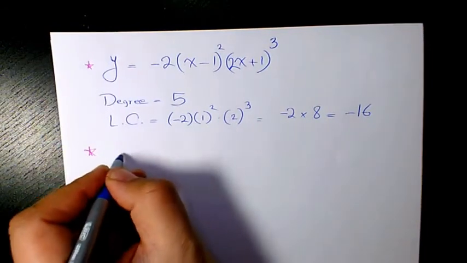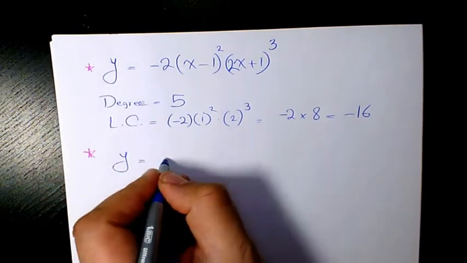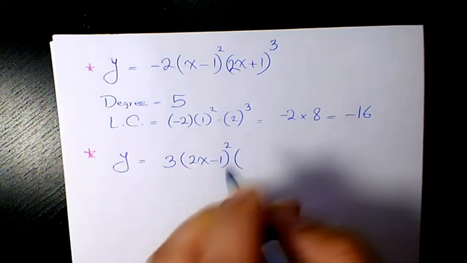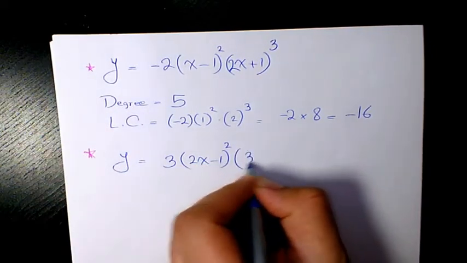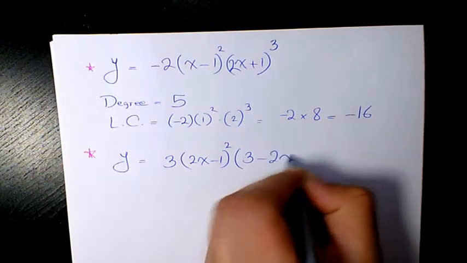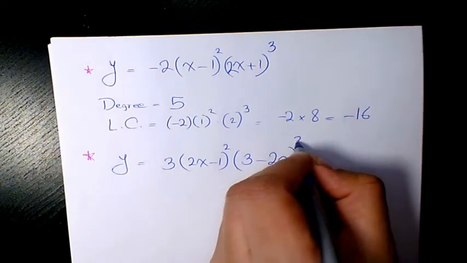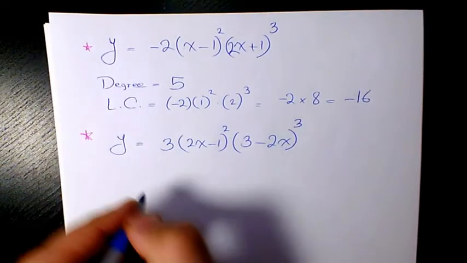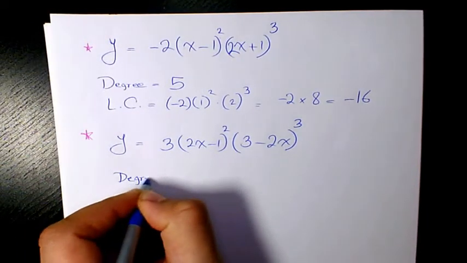Next number, we have 2x minus 1 to the power of 2, and we have 3 minus 2x to the power of 3. And now again they ask you to find out the degree of this function.